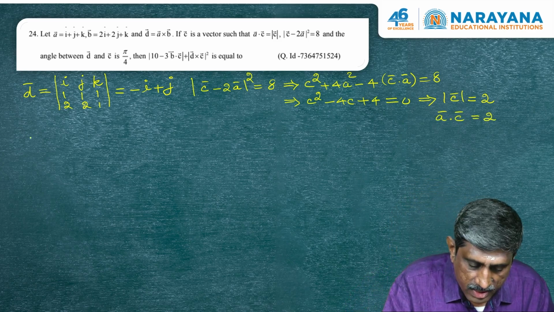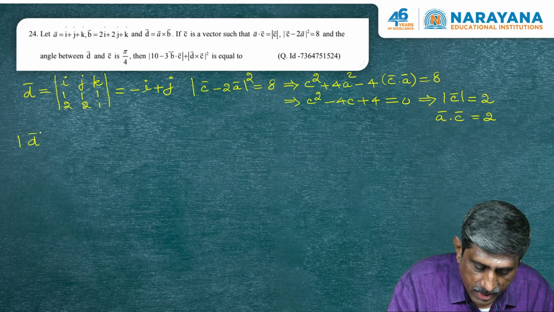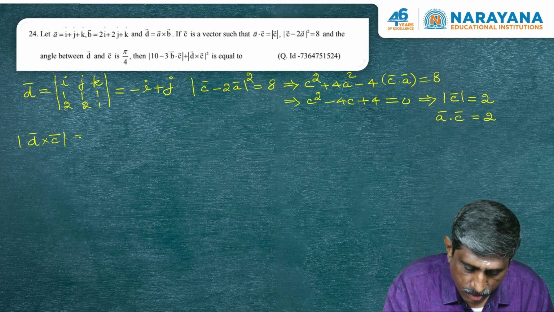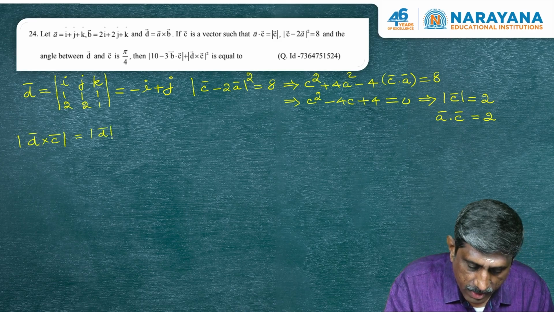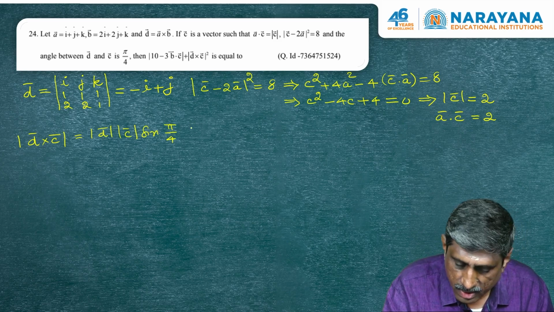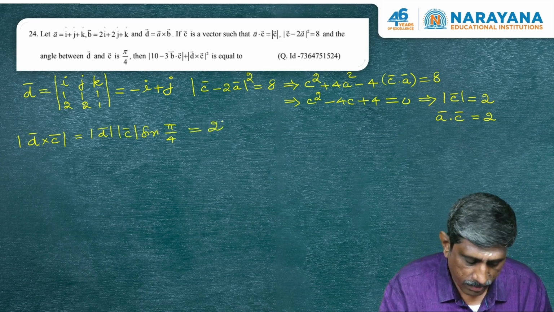Now, let us calculate modulus of D cross C. Modulus of D cross C is equal to modulus of D into modulus of C into sine of angle between D and C, which is given as pi by 4. On simplification, we are getting it as 2.